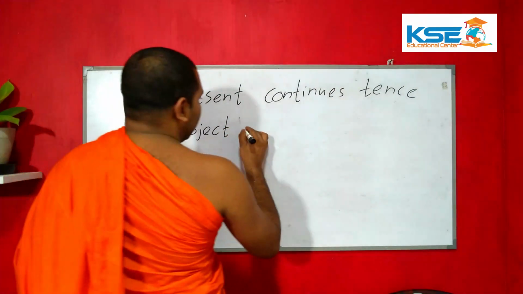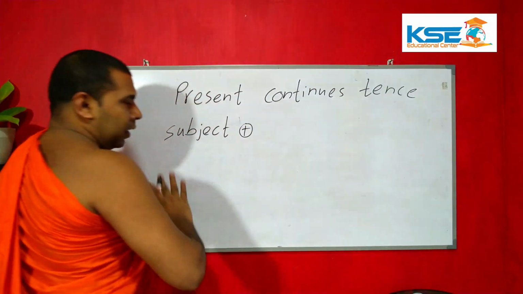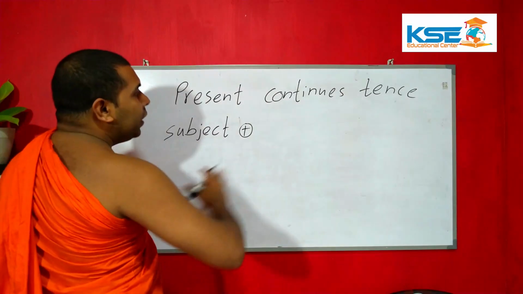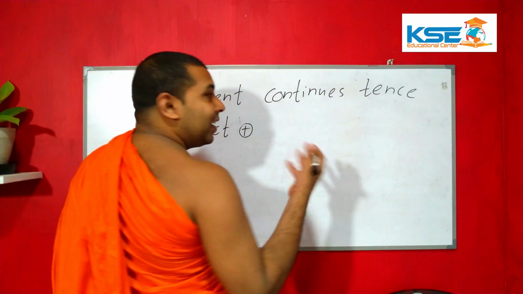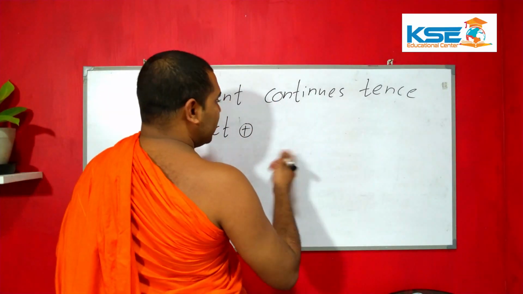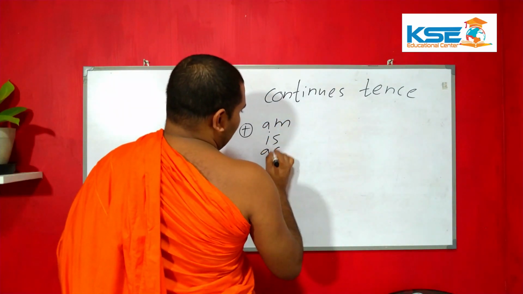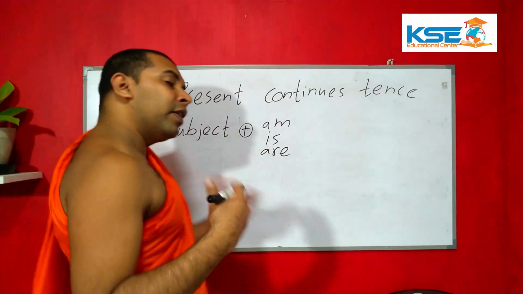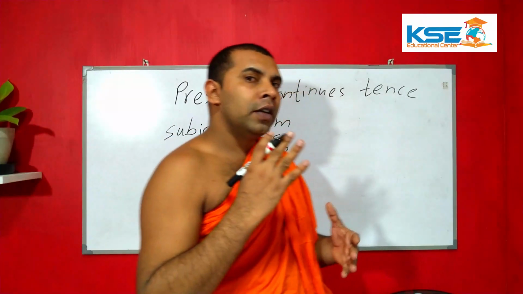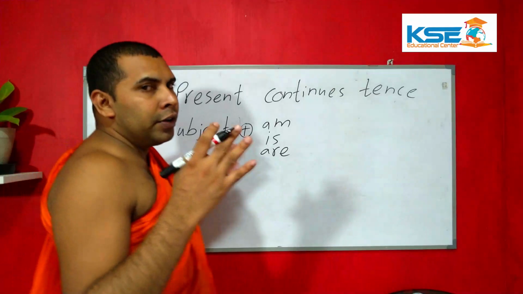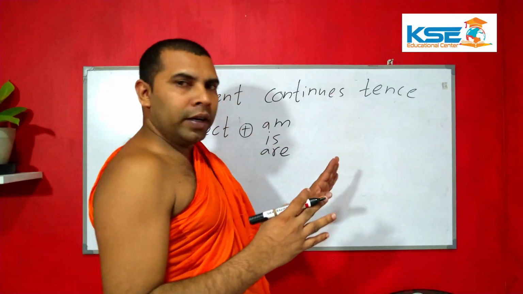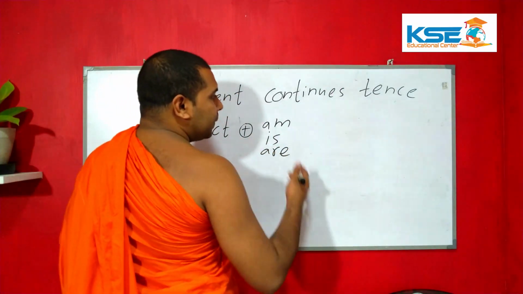Secondly, there must be a be verb according to the subject. There are three be verbs in present continuous tense: am, is, and are. We have been giving you some definitions about the subjects that we use. The second thing is be verbs.